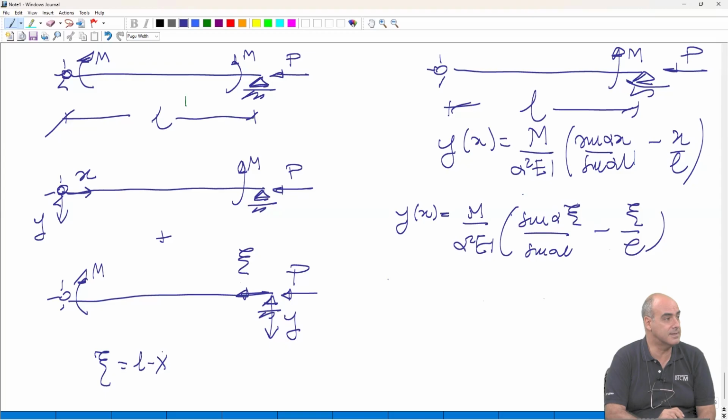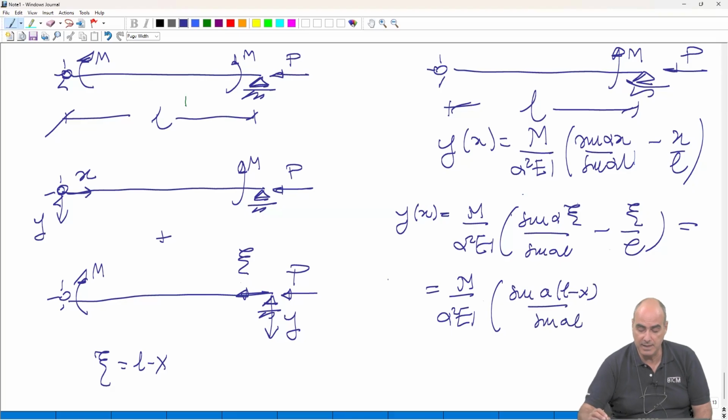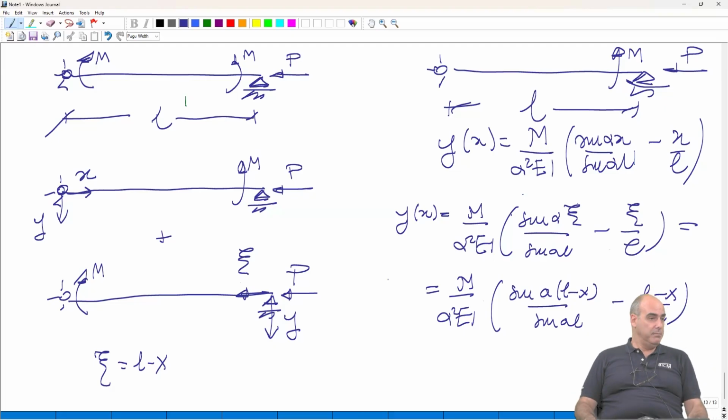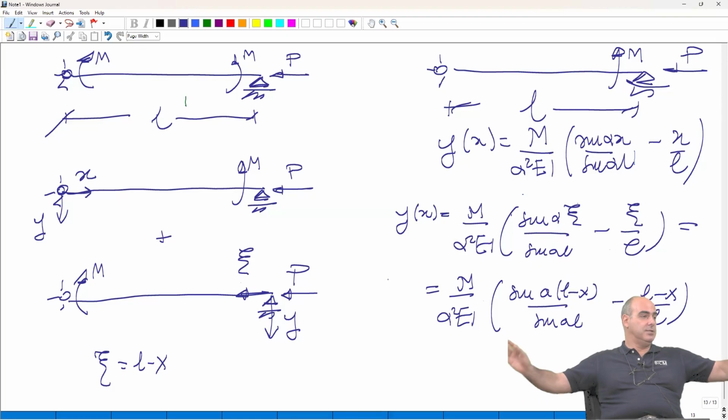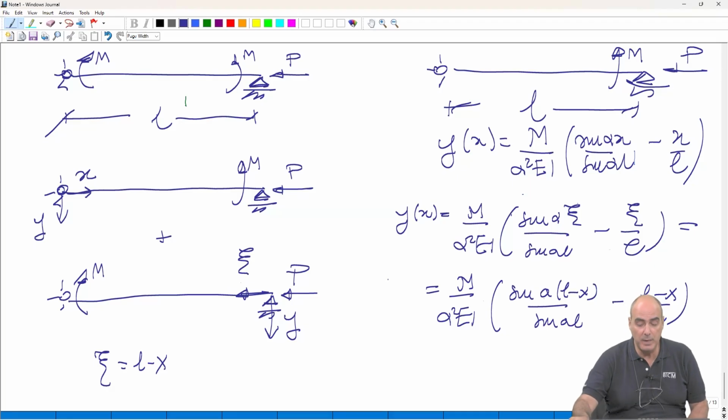It is L minus x. So this is M divided by alpha squared EJ, sine of alpha (L minus x) divided by sine alpha L, minus x over L. Very simple. No more differential equation, just a little bit of wisdom. And then the solution will be the sum of these two.